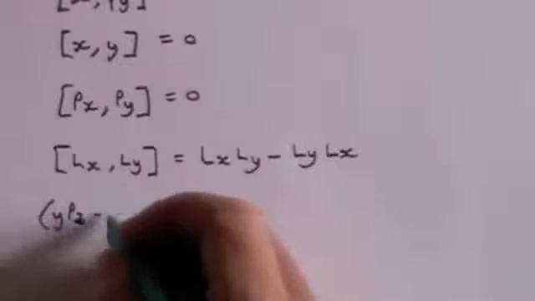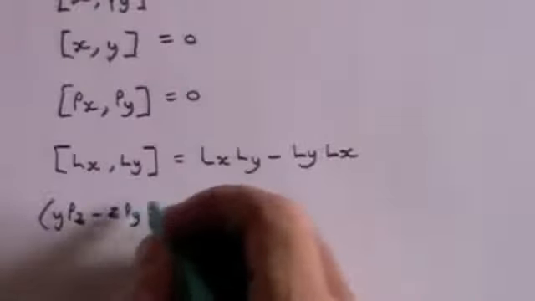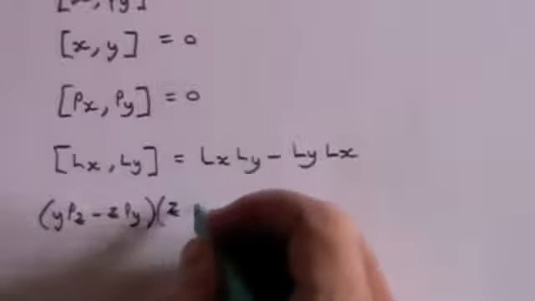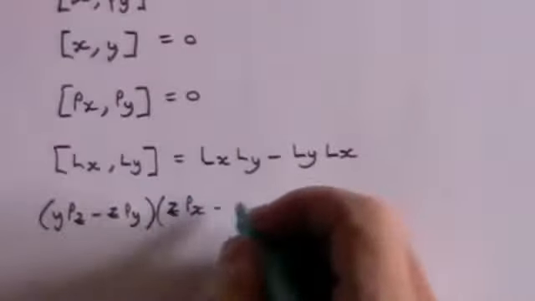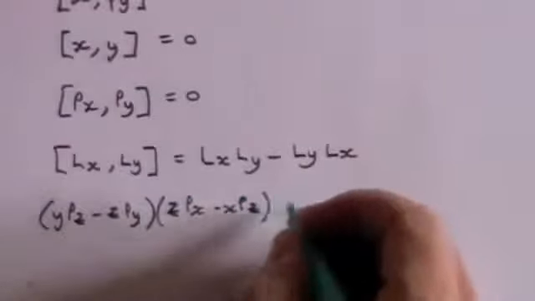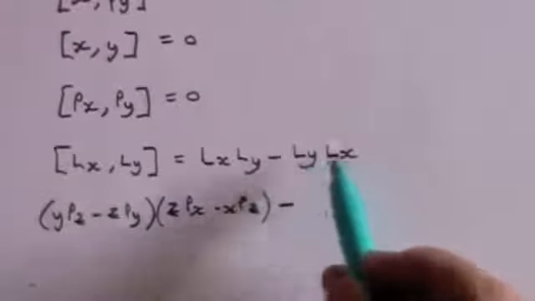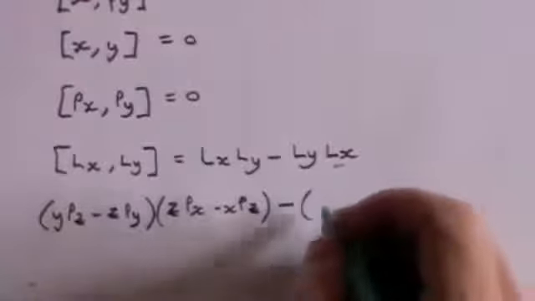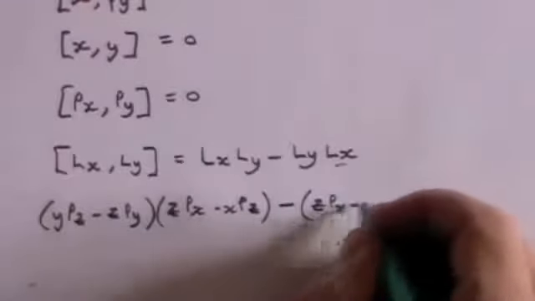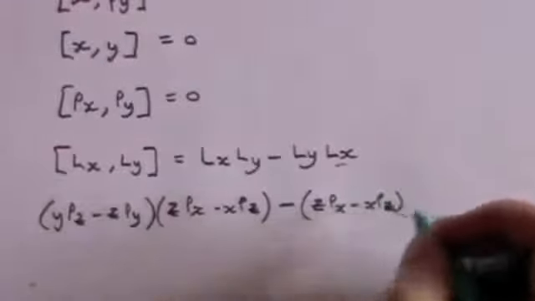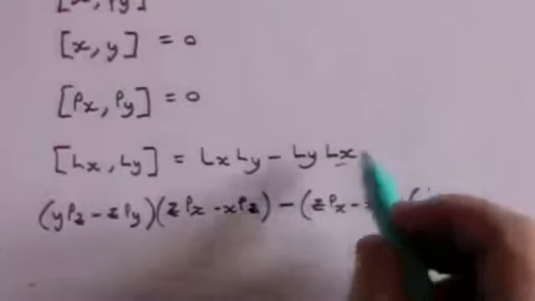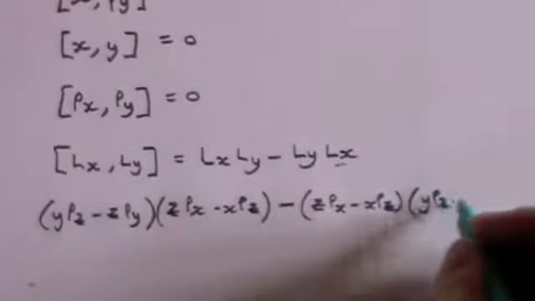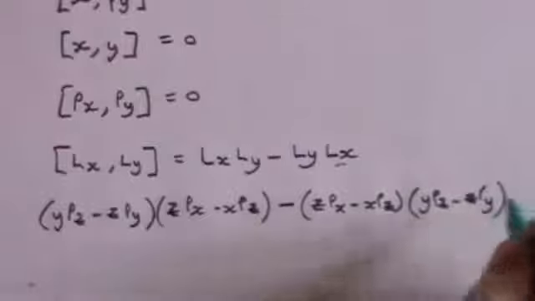That's going to give me (ypz minus zpy) times (zpx minus xpz), minus, and now we've got this term, so that's Lx, that's Ly. Now I've got to put minus Ly, which is (zpx minus xpz), times Lx, which is (ypz minus zpy).